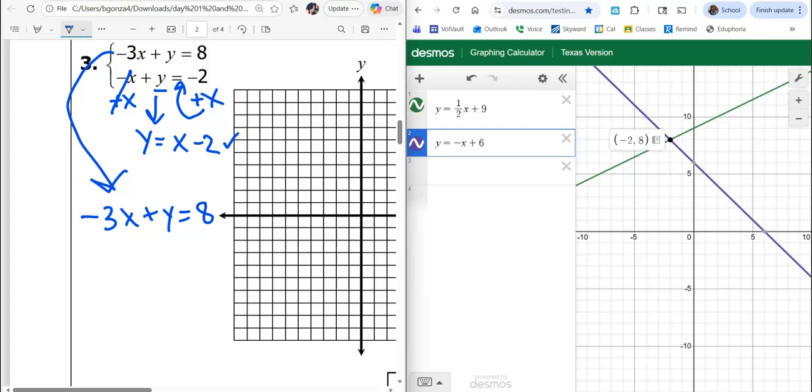Positive or plus 3x. Remember, don't add these up. The mx goes in front of the b. So the 3x is in front of the positive 8, so it's 3x plus 8.